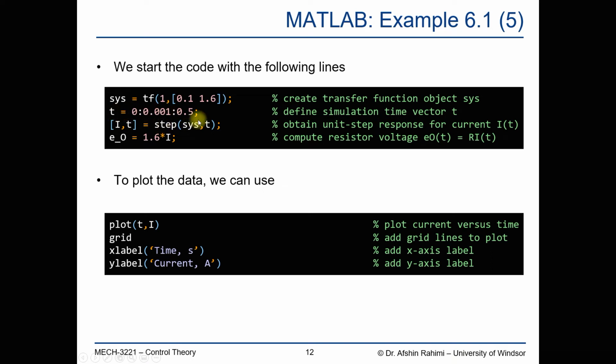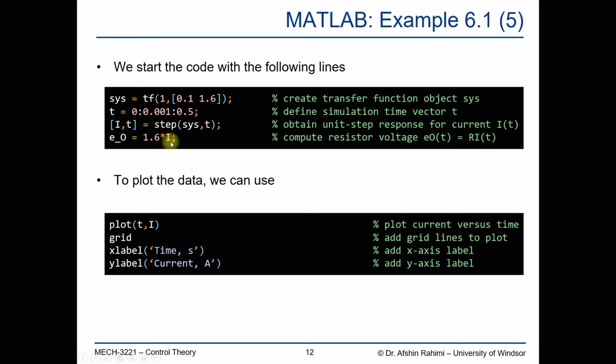Here we are also inputting the time vector that we need the step function to use to simulate our system, meaning that the step function will now obtain an output for the system at each of the elements of the time vector, instead of automatically defining the time vector for the simulation. This can be particularly useful for more complex systems, or if you want your system to have a certain step size and a certain start and end time for the simulation.